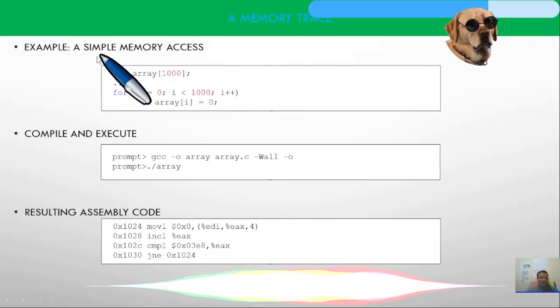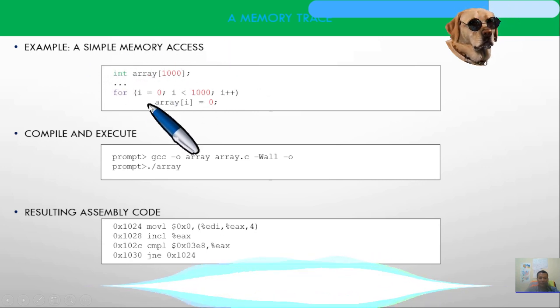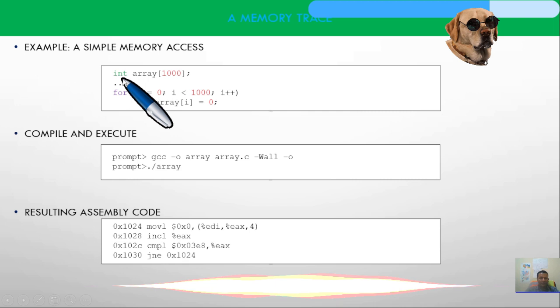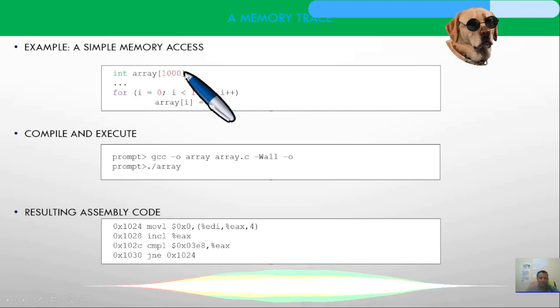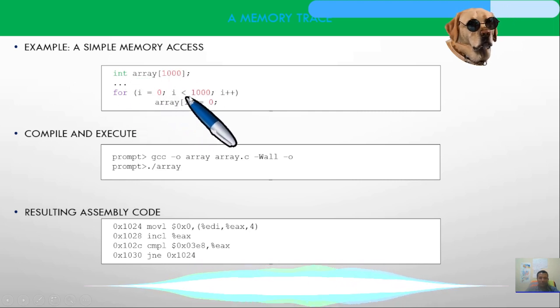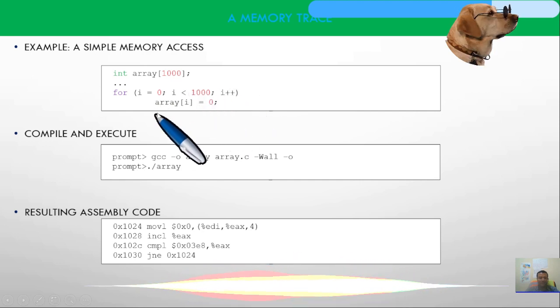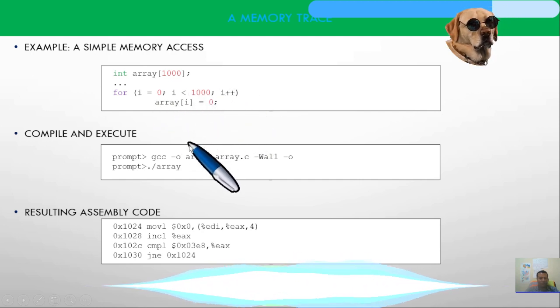Now the memory trace example, a simple memory access. This is also taken from the textbook: an integer array of 1000 elements, for i equal to 0, i less than 1000, and this increments array[i].